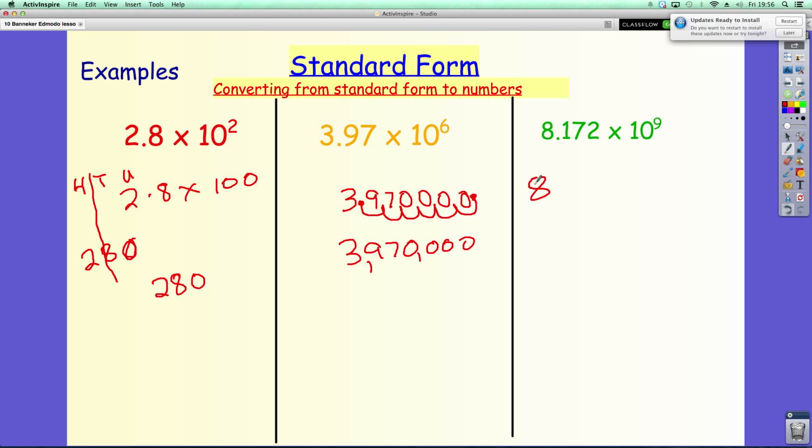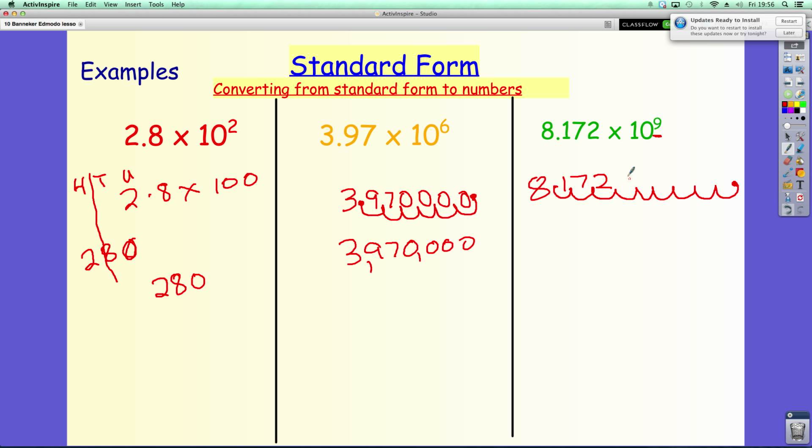Last one, 8.172 times 10 to the power 9. So we have 8.172. The numbers are going to move 9 place values. So I can use my hoops to show the 9 movements. 1, 2, 3, 4, 5, 6, 7, 8, 9.